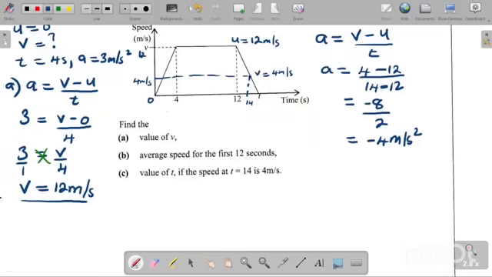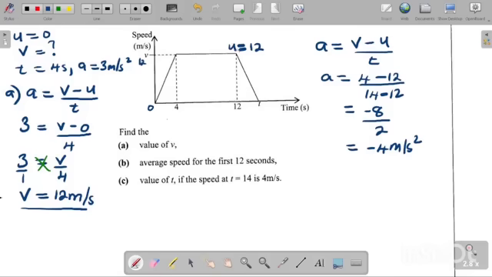Now u will remain as 12, and we're going to use this point and this point to find the value of t. Let's call this point A and this point B. Here u is 12, and here we have t, the time.